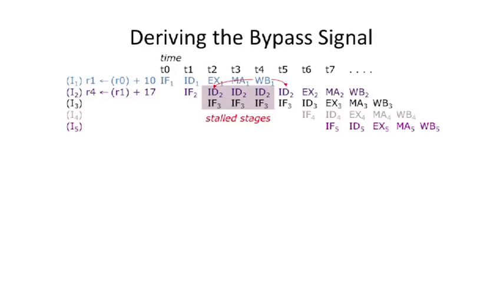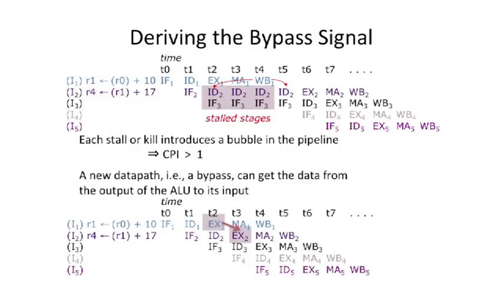This bypass has taken us from greater than 1 clocks per instruction to 1 clock per instruction. We're forwarding out of the execution unit for instruction 1 into the decode unit here, and it gets consumed here in the execution unit in time 3 for instruction 2.